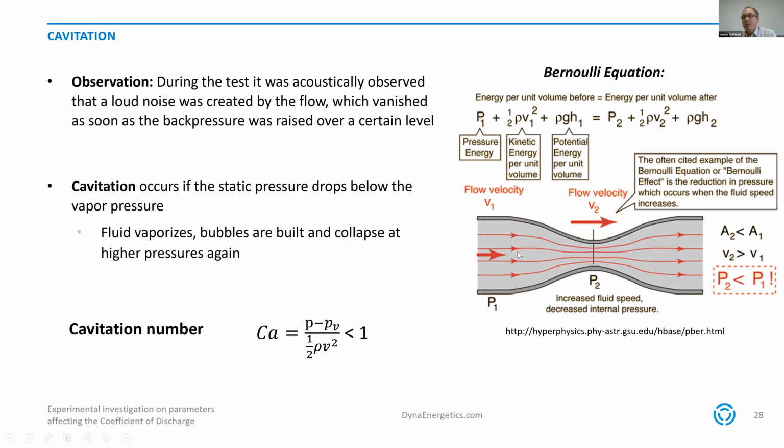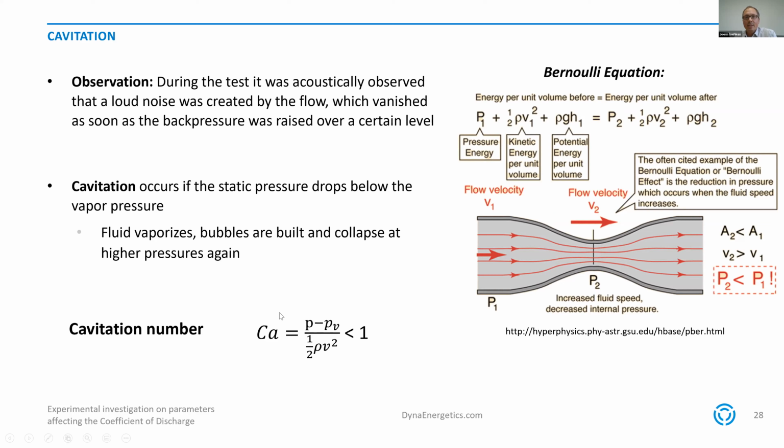But as this is constant throughout the complete profile, whenever you decrease the diameter, your speed will go up, and therefore your static pressure has to go down. And when your speed is really high, so in an orifice or in a perforation, then the static pressure can go as low as your vapor pressure. And actually it can go even below it, and then you have this effect of cavitation.